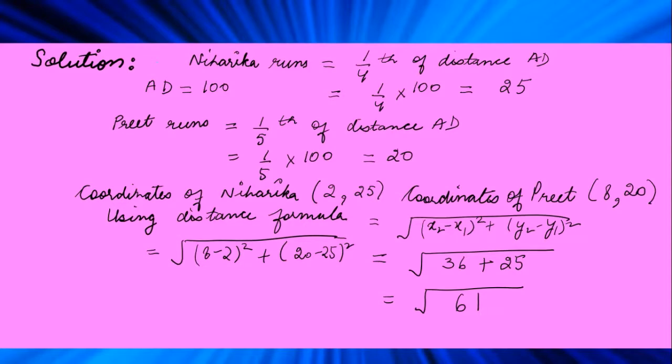Now the second thing is Rashmi wants to post a blue flag exactly halfway. The coordinates given were 2, 25 and 8, 20.